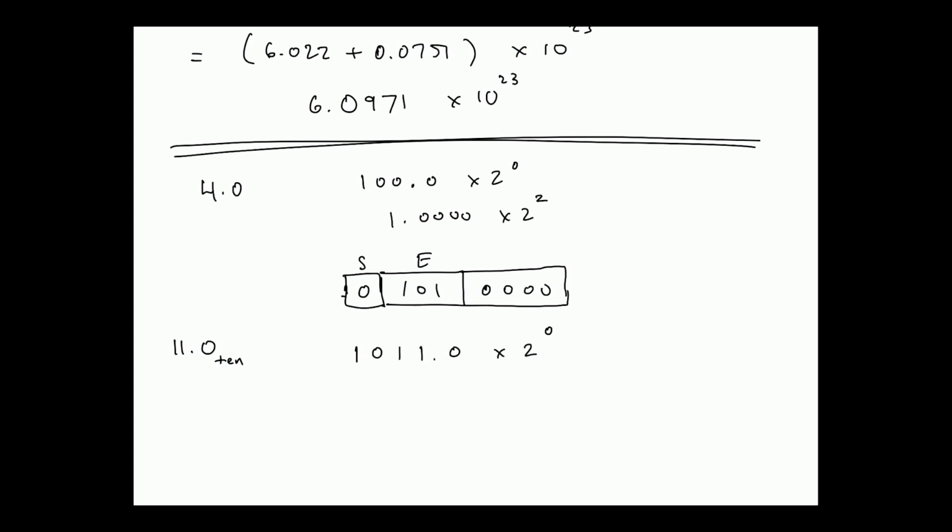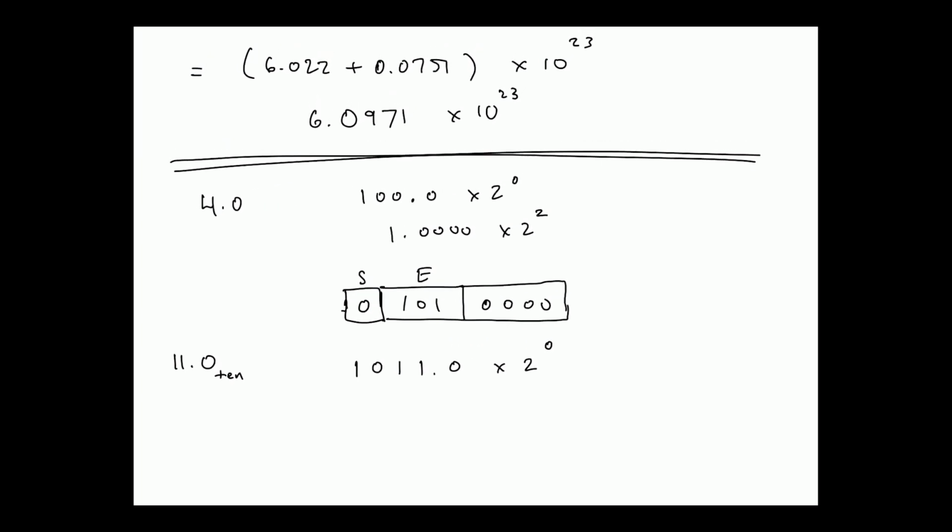Okay, is that 11? 8 plus 2 is 10, plus 1 is 11. Okay, good. But what's the problem with that? Yeah, it violates our rules, so what do I need to do?